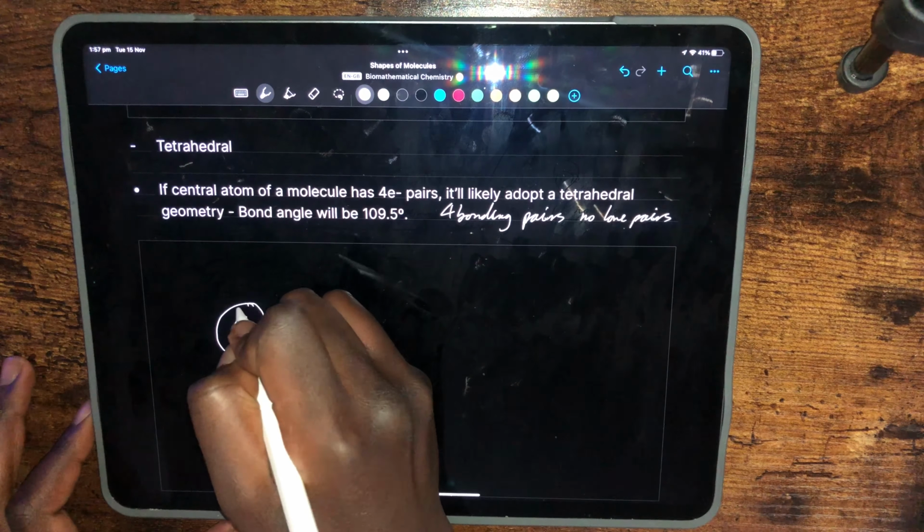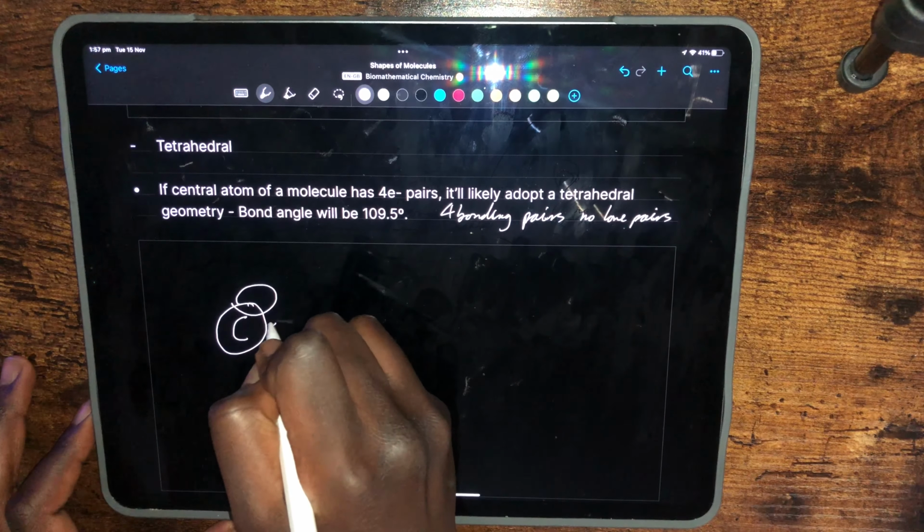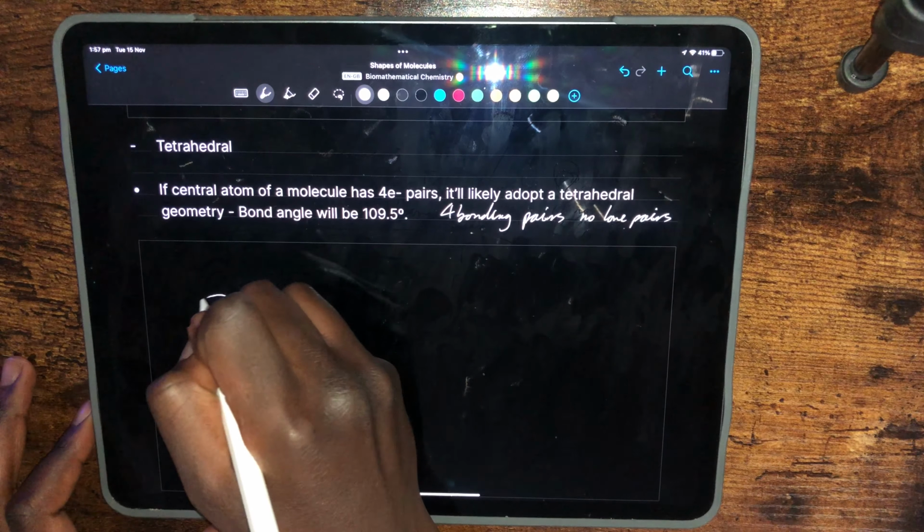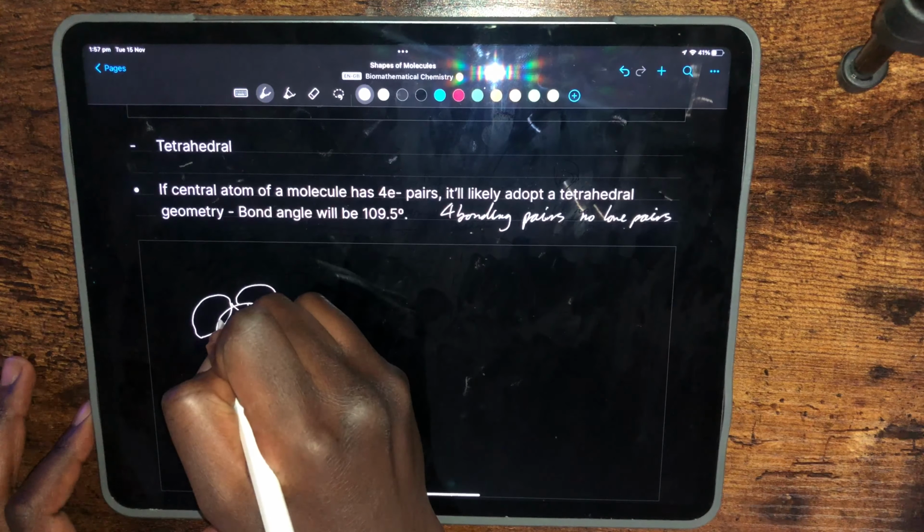If you already know it, then it's not going to be a problem for you. But just for the sake of it, if you don't know the number of bonding pairs and lone pairs, carbon's in group 4, so that's four electrons in its outer shell, and then each hydrogen would donate its own electron. This is a very unclear diagram.